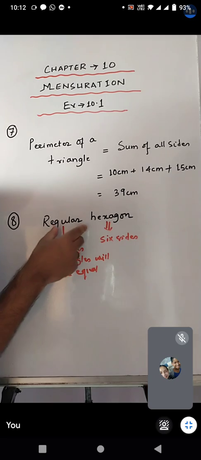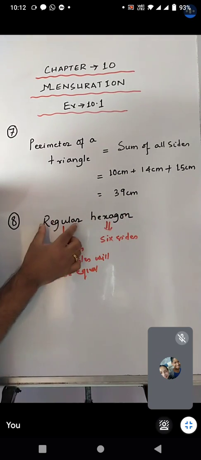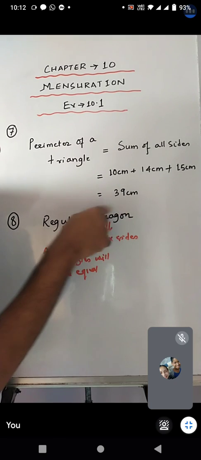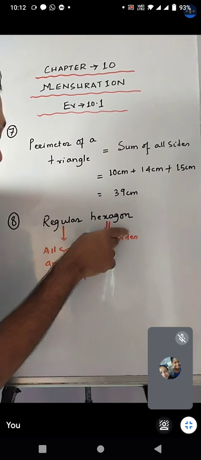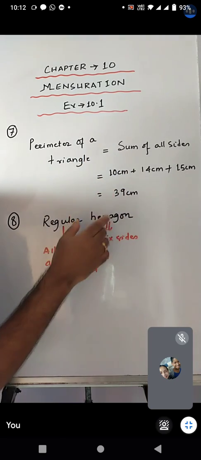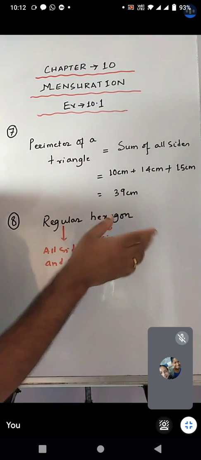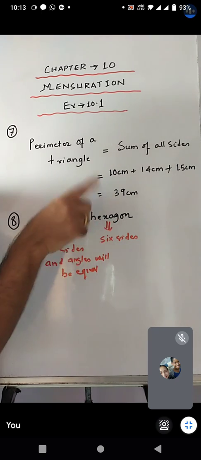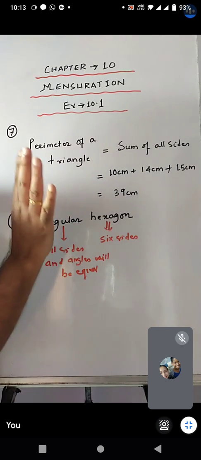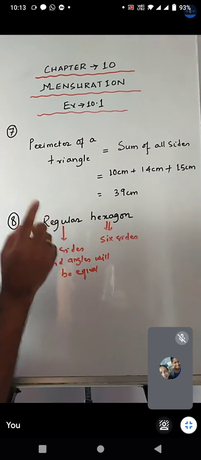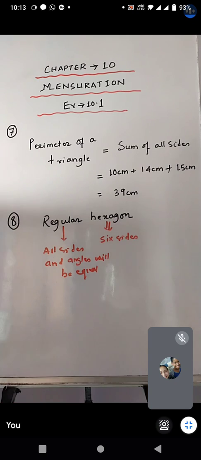If any polygon has the word regular written, whether it is a hexagon or pentagon or heptagon, you have to think that all the sides and all the angles are equal. Now we know that a hexagon is a 6-sided figure with all the sides equal and all the angles equal.